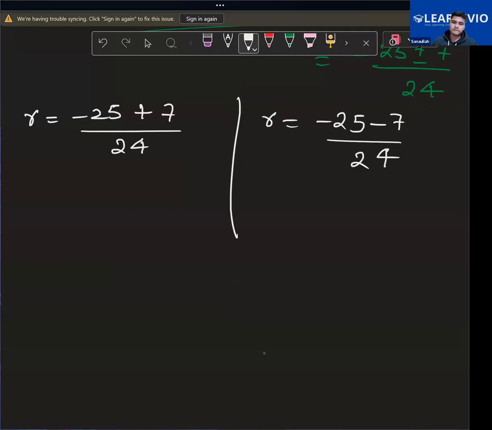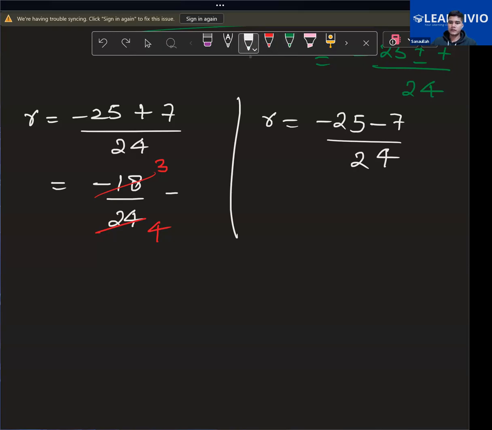So what is minus 25 plus 7? Minus 18. Minus 18 over 24. And if I need to simplify this, then it will be 6 times 3 is 18, 6 times 4 is 24.